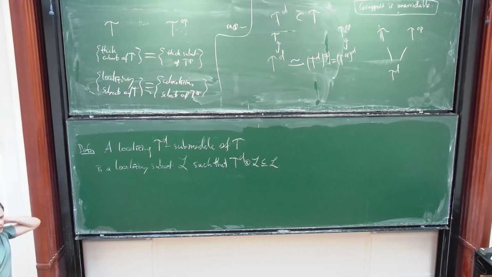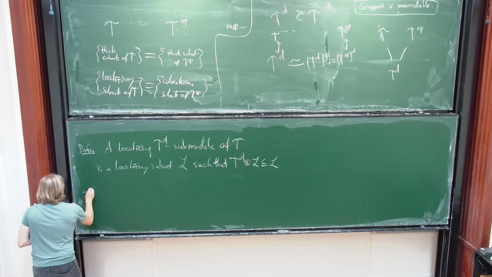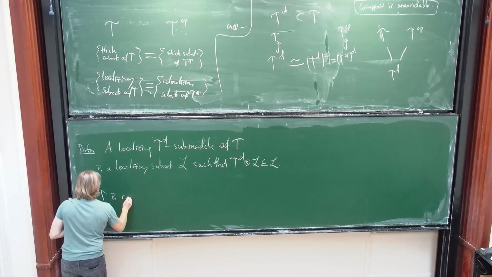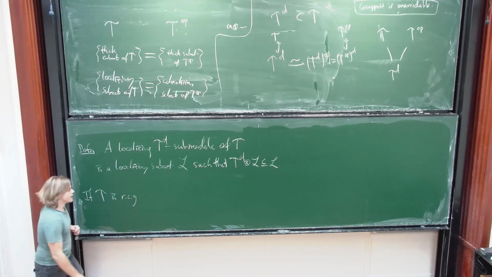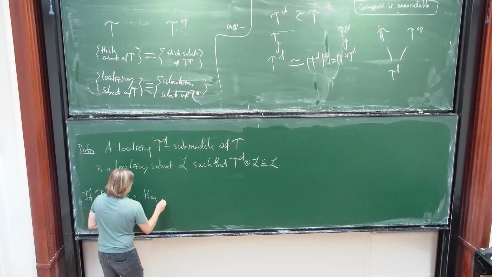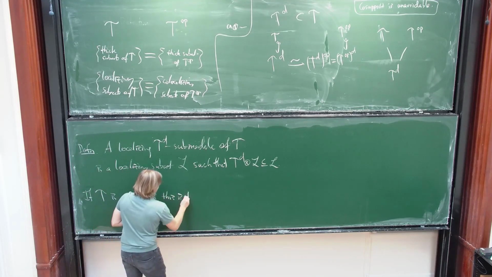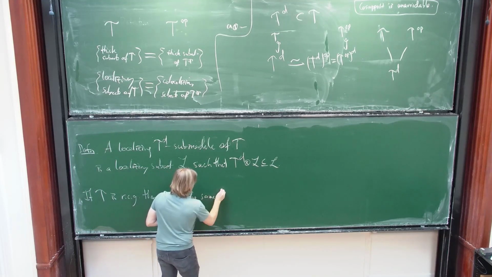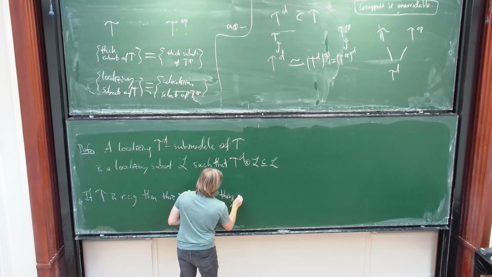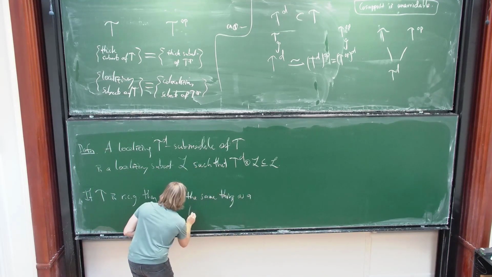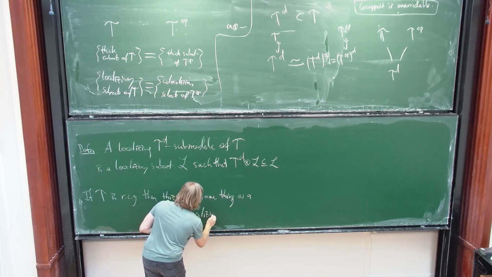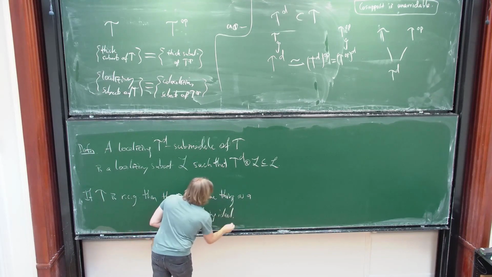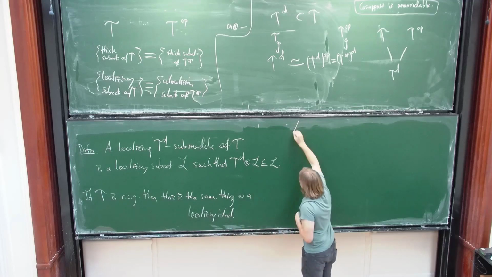Now it just turns out that if T is rigidly compactly generated, then this is the same thing as a localizing ideal. Why?